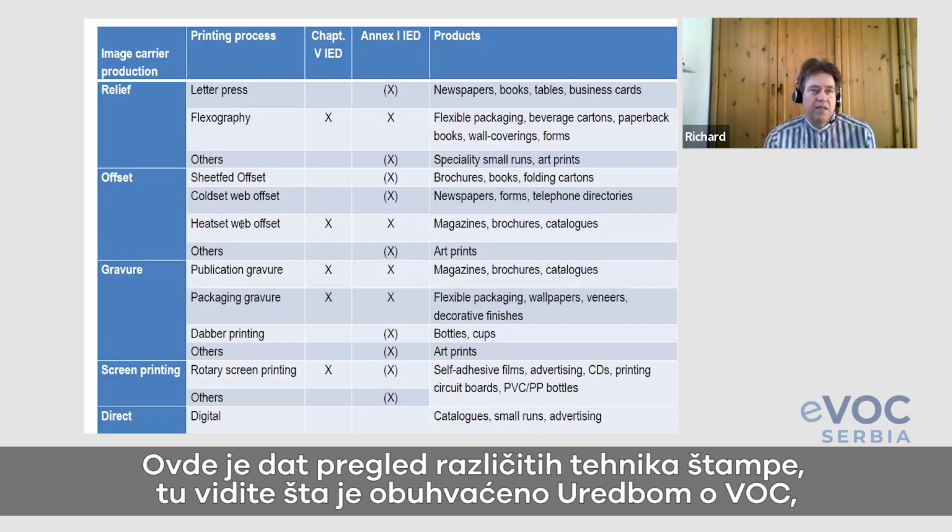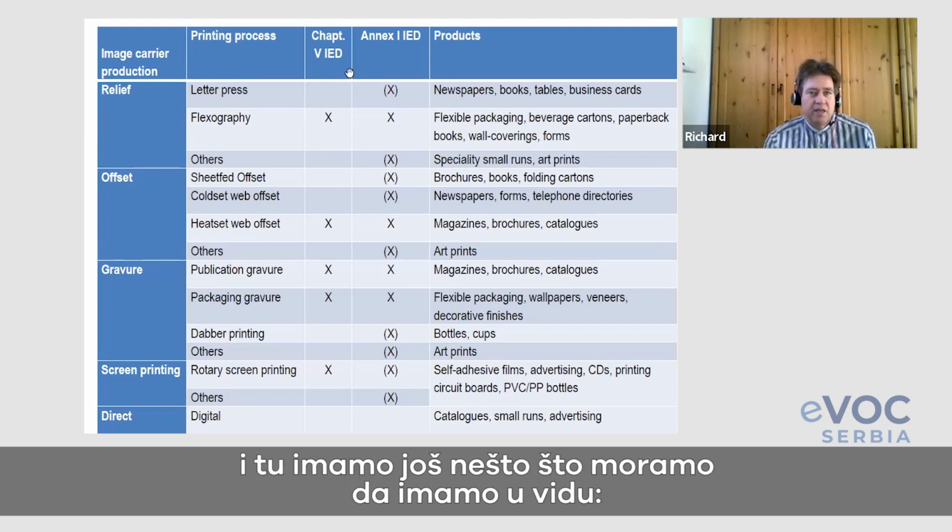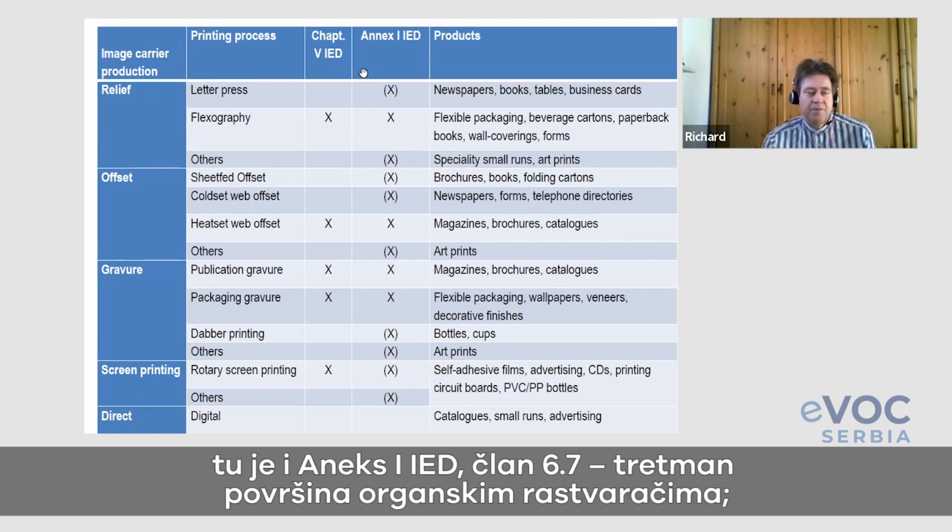So here you see an overview of different printing techniques. Here you see what may be included or what is included under the scope of the VOC degree. And there's another issue we have to keep in mind. There's Annex 1 in the IED, where number 6.7 covers surface treatment with organic solvents.